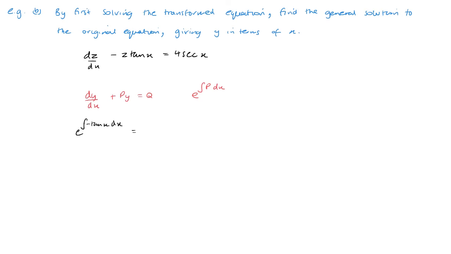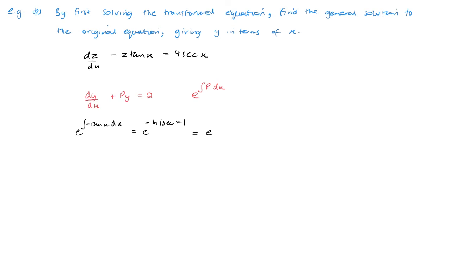Now if we take the minus outside and then integrate tan x dx, you can look in your formula book and it will give minus ln sec x. To make it positive, this is actually going to be cos x to the power minus 1, using the rules of logs.